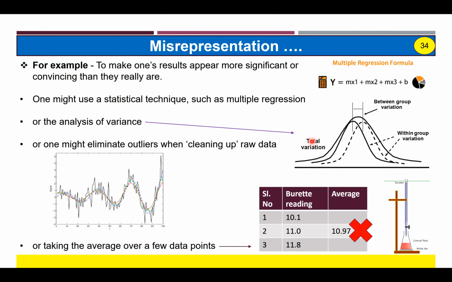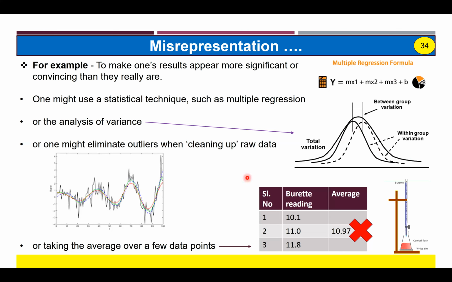Similarly, when you do the analysis of variance, the total is divided into 2 parts, and then you find the variance between the 2 groups of 2 peaks, right? So here, within the group of variation. When you do this kind of thing, you need to be very careful. You need to know exactly how this works. This interpretation is necessary for the overall peaks you are getting. So if you don't have that much knowledge, then you don't do that.